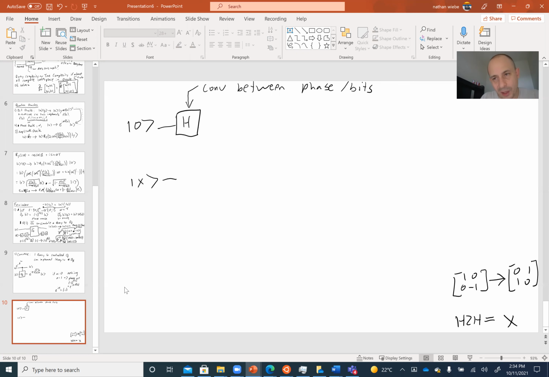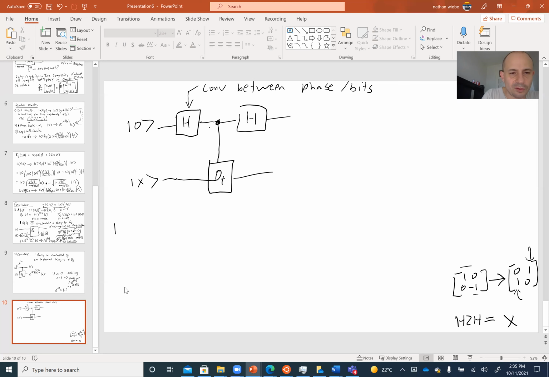So these two matrices contain, in some sense, exactly the same information, but the information for Z is stored in these phases. However, for X, this information is stored in the bit values. And Hadamard allows us to interchange between the two. So then it stands to reason that this circuit probably is exactly what we need, but let's go through and verify.